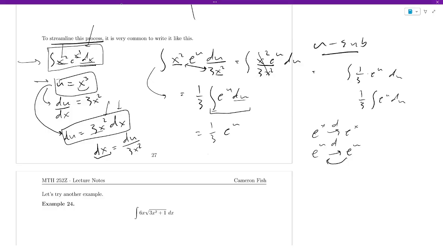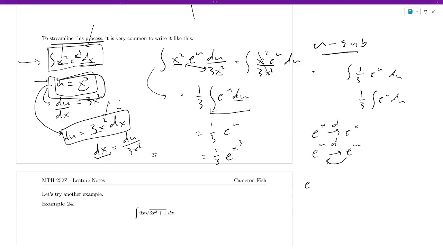And I'm super happy. As a last step, I want to plug the u that I found originally back in: x cubed. We can always double check that this works.